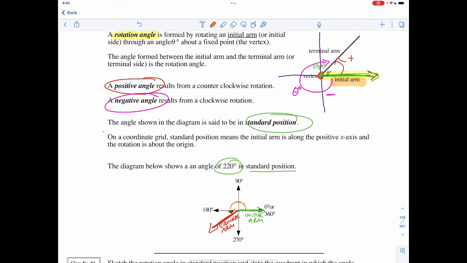Here's my rotation angle, and this is 220 degrees. So it rotates past the 90 degrees, which would be the first right angle, past the 180, which would create just a straight line, and all the way down into that third quadrant.